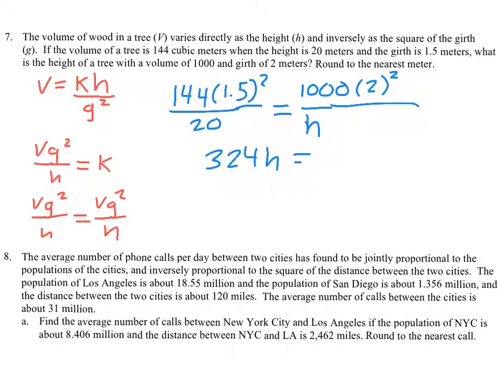That equals 80,000. So now we're going to divide 80,000 by 324. We get 246.9. We're supposed to round to the nearest meter, so that is approximately 247 meters.